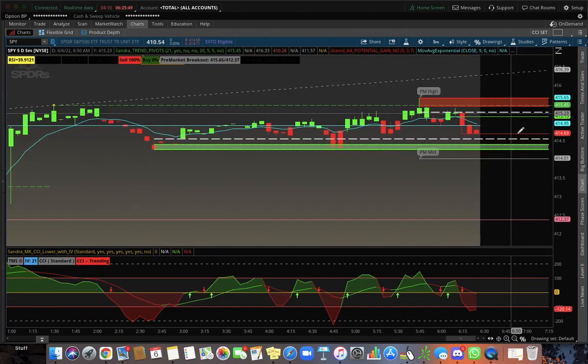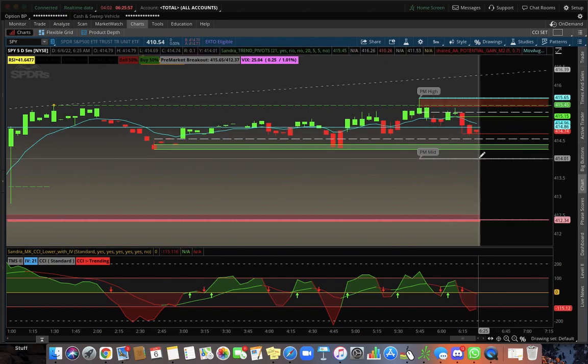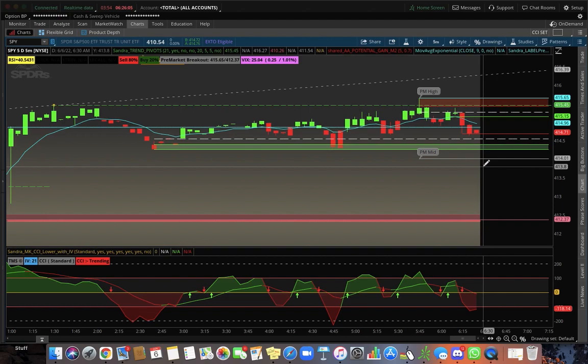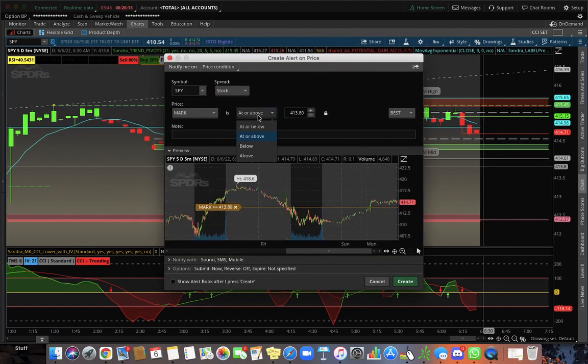So you know what? I'll clear the pre-market mid and say about 413, maybe 80 is clean for moving down below for some base hit there.